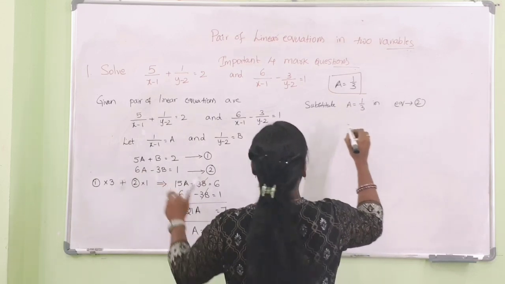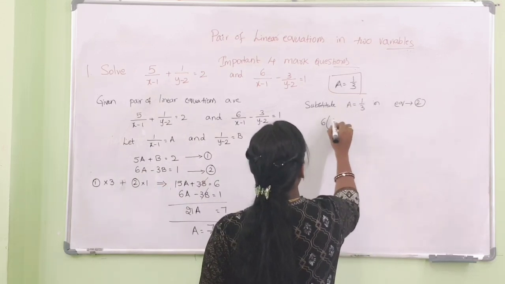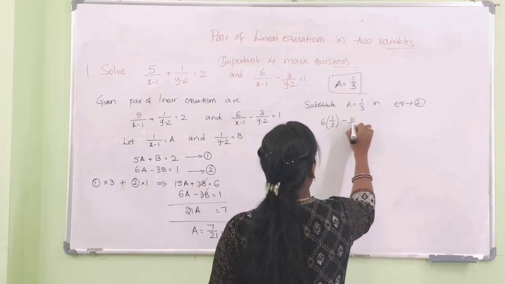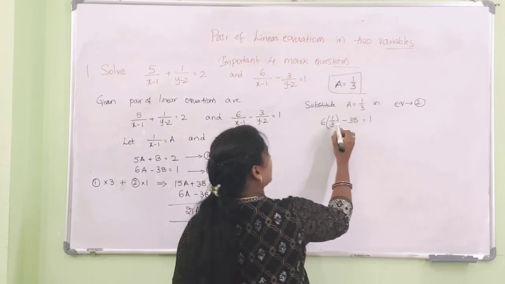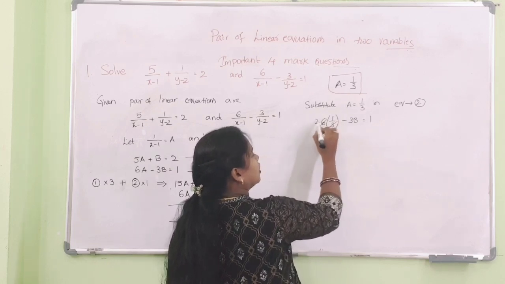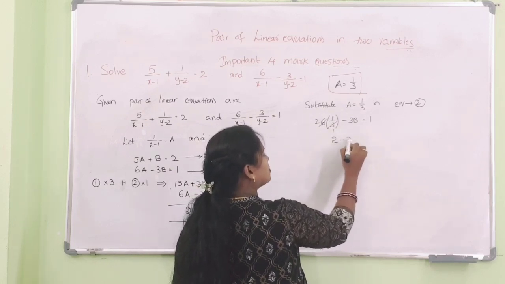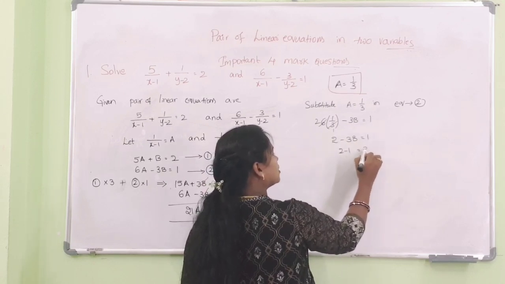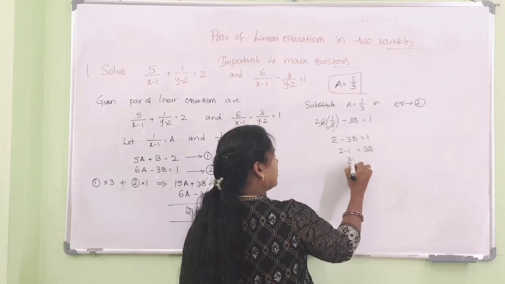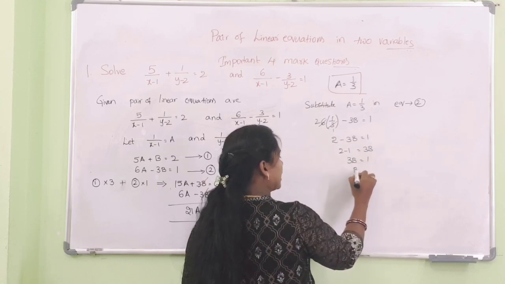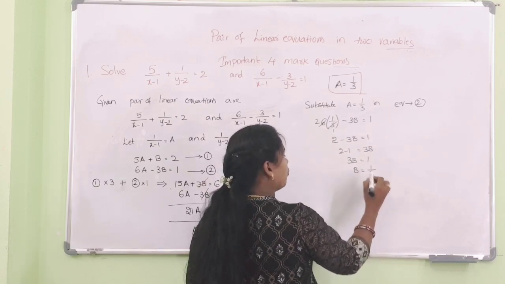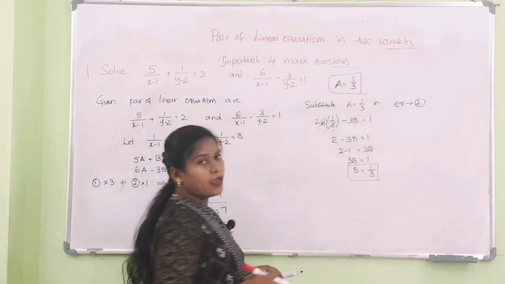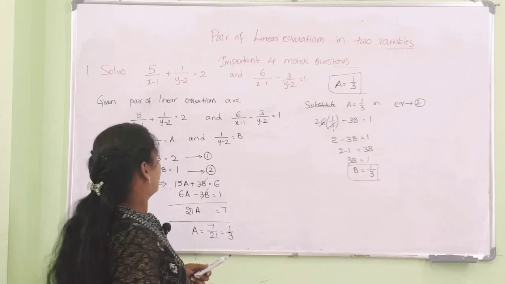Then I will get 6 into a, that is 1 by 3, minus 3b is equal to 1. 3 ones are 3, 3 twos are 6, so 2 ones are 2. 2 minus 3b is equal to 1. Then 2 minus 1 is equal to 3b. 3b is equal to 1. There I will get b is equal to 1 by 3. So here we got a is equal to 1 by 3 and b is equal to 1 by 3.